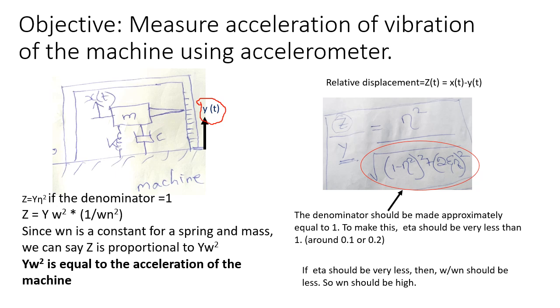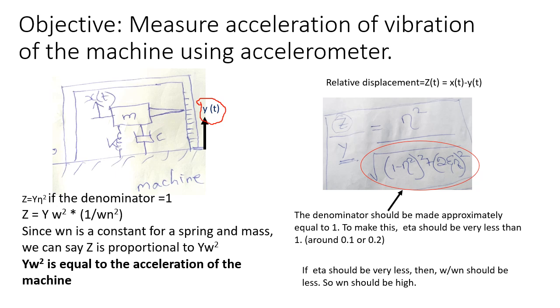So what differs is the denominator in this formula Z by Y. It is the same formula which we use for the vibrometer. Z by Y is equal to eta square divided by root of (1 minus eta square) whole square plus (2 zeta eta) whole square. If the denominator is made equal to 1, then Z will be equal to Y into eta square.